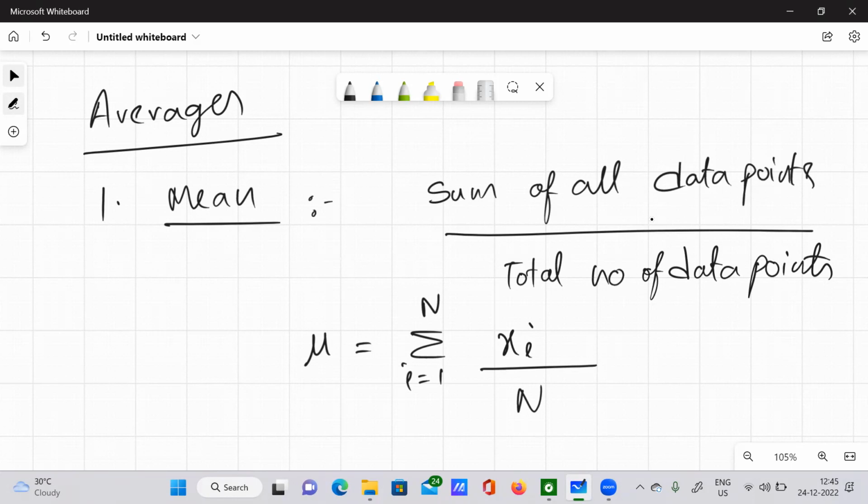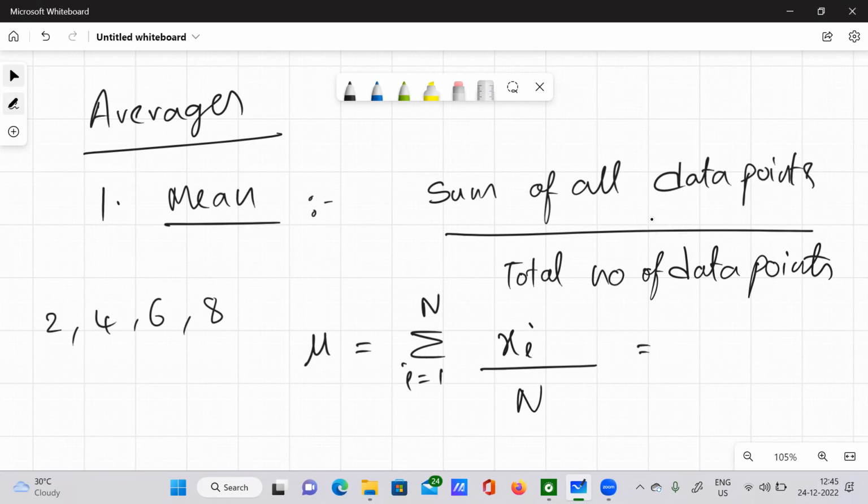For example, I have some data like 2, 4, 6, 8. If I want to compute the mean for this, how do I do that? First I need to calculate the sum of all the data points. What is the sum here? 2 plus 4 is 6, 6 plus 6 is 12, 12 plus 8 is 20.